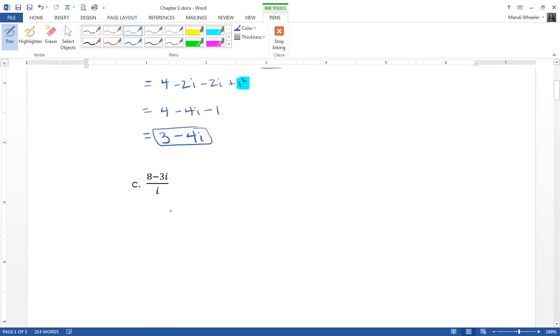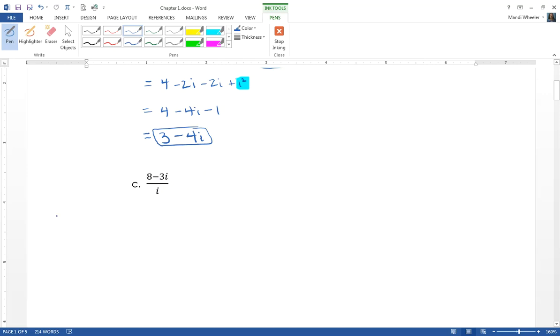All right, and then the last one here is a division problem. There's a couple of them that I did in my lesson notes and you did on your homework where you had a complex number divided by a complex number. Here we have a complex number divided by just the imaginary part i, but we're going to treat it exactly the same way. Remember, whenever we're dividing complex numbers, we always multiply by the conjugate.